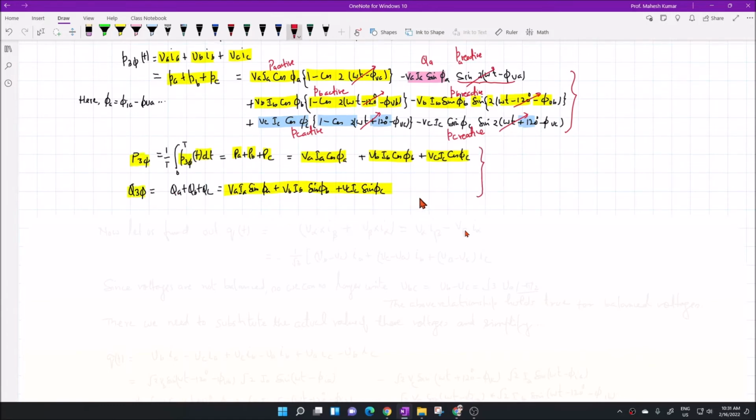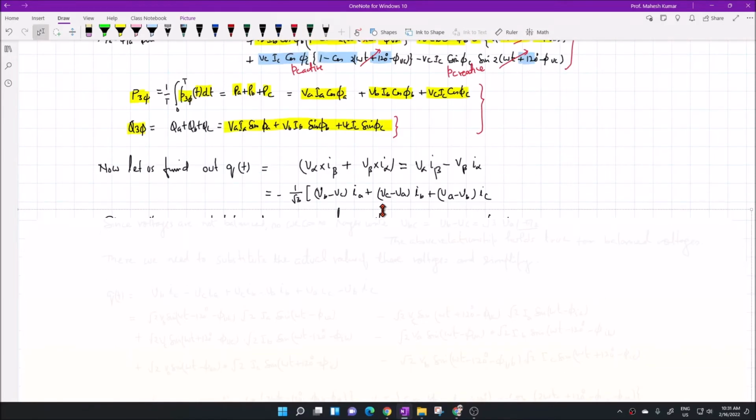Now the question is whether this value can also be found using the term instantaneous reactive power. So will the definition Akagi has given be valid for a three-phase unbalanced system? We have to find it and then correlate these two terms.